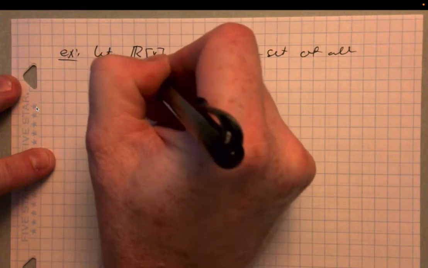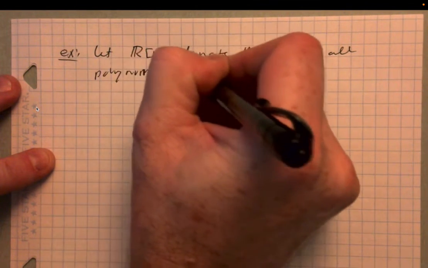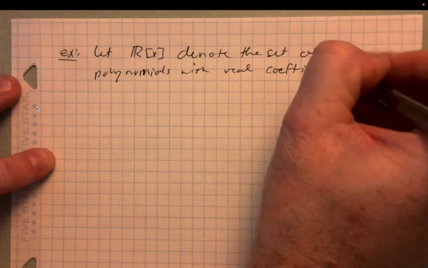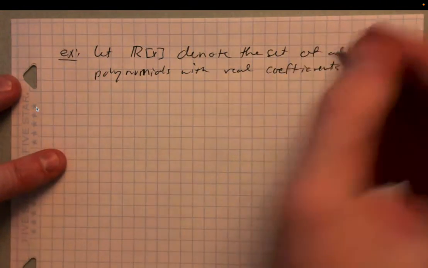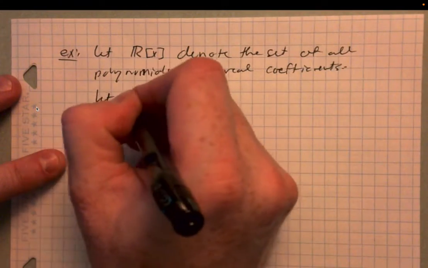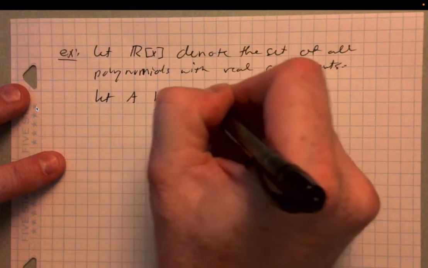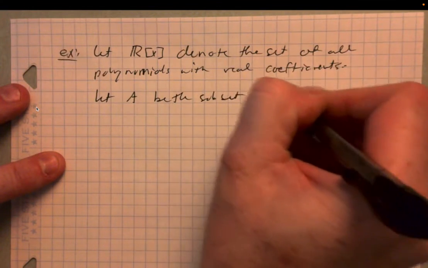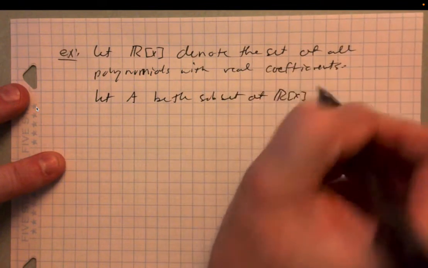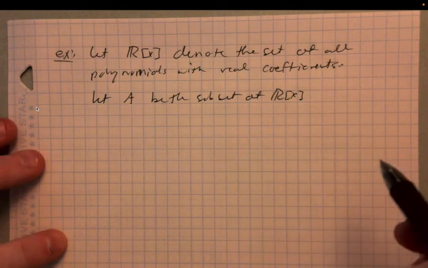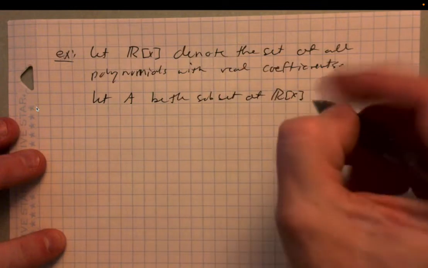Okay, and then let's let A be a subset of R[x], specifically the subset where the constant term is 0.